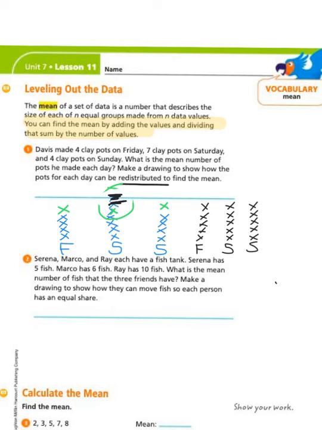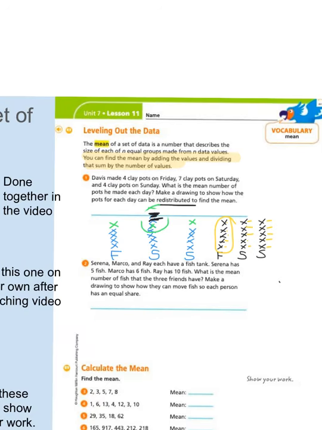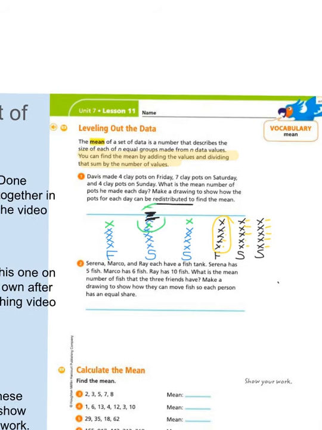And the mean, or the number they all have in common, there are 1, 2, 3, 4, 5 X's in each of these columns. So now I know that the mean is 5.